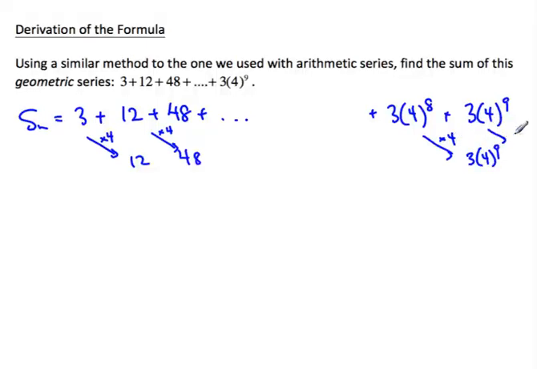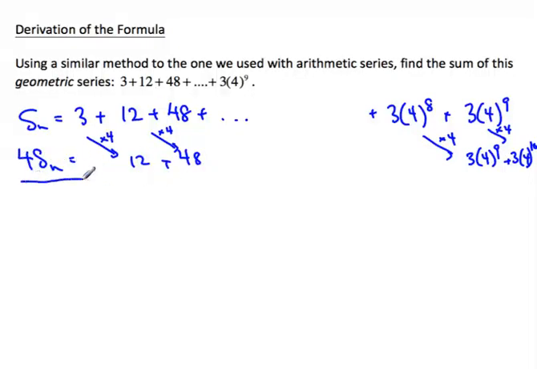And if I multiply 3 times 4 to the 9 by 4, I get 3 times 4 to the 10. And that's because I've multiplied by the common ratio, it's shifted everything up one place. So if I've multiplied this whole row by 4, then instead of having S sub n now, I actually have 4 S sub n on this bottom row.